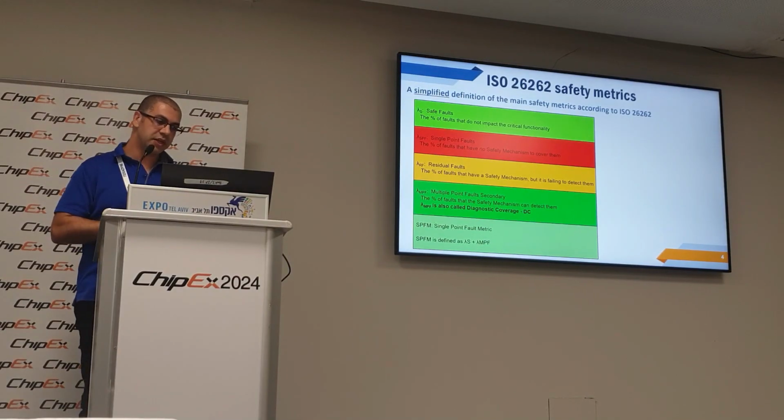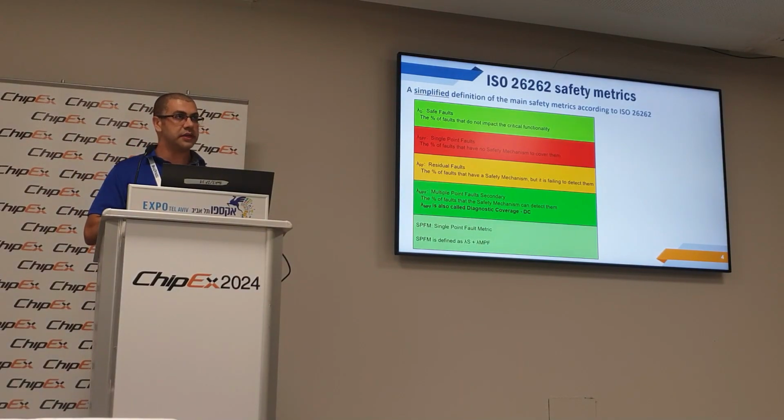Then we will define lambda MPF, which is one of the major parameters in this scenario. This is the percentage of the total faults that the safety mechanism can actually detect. And the metric that we really care about is the SPFM, the last line, which is the sum of lambda S and lambda MPF.